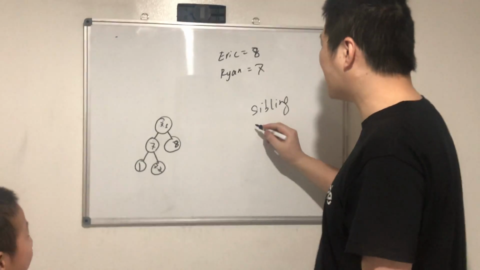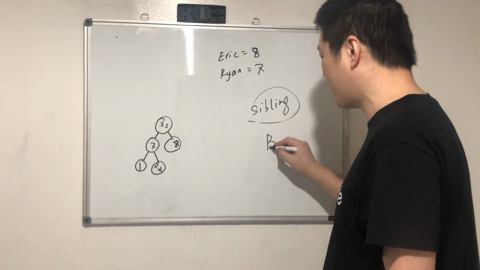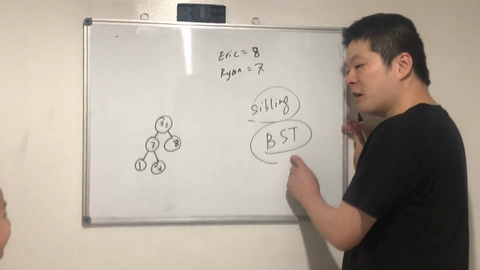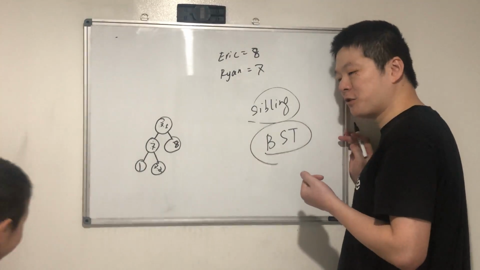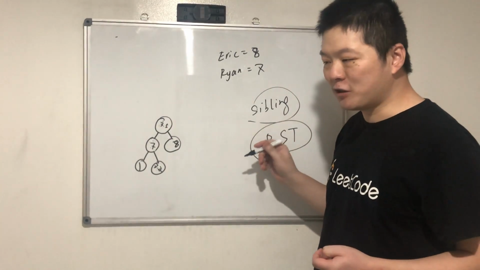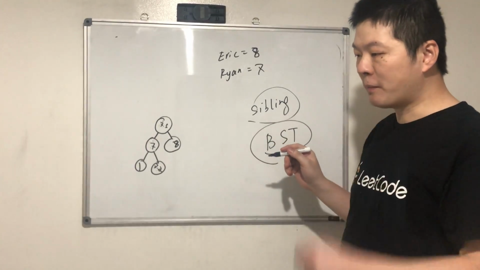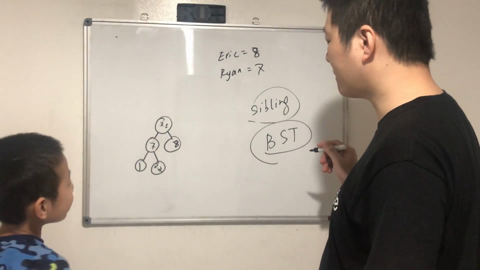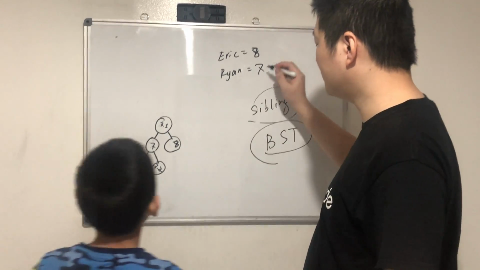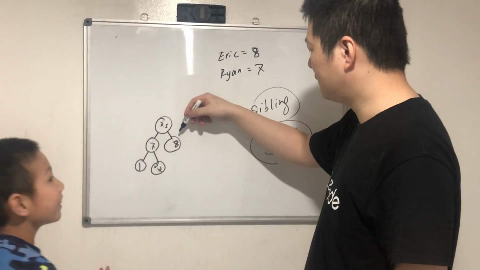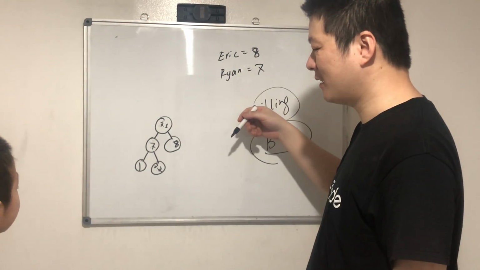So basically, it's finding the sibling in a binary search tree. Remember it's a binary search tree. How are we using this binary search tree? But first of all, how are we finding a node in a binary search tree? We start from the root.